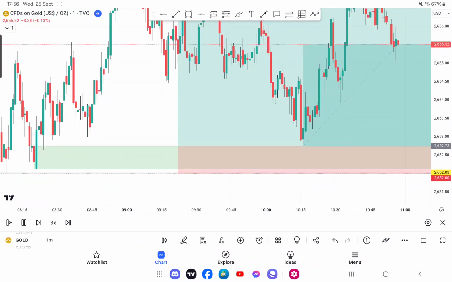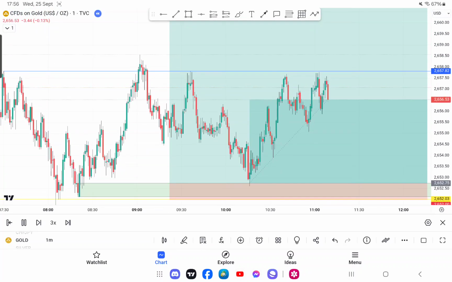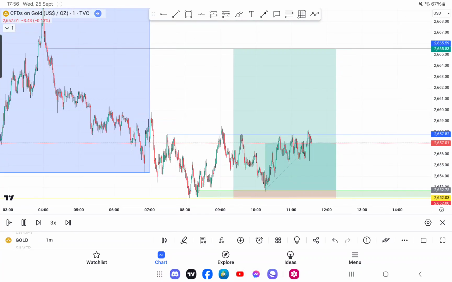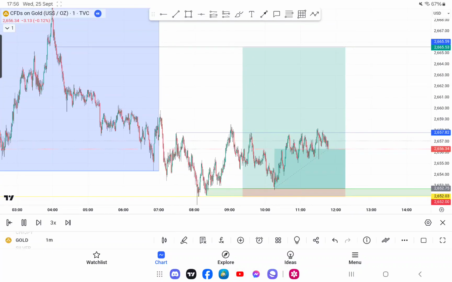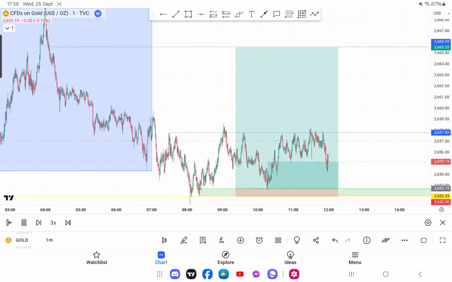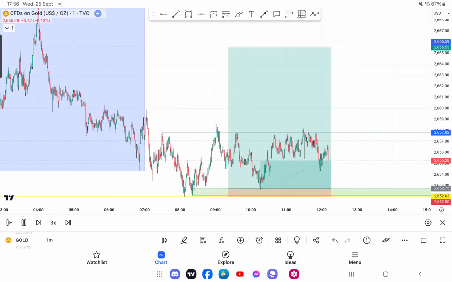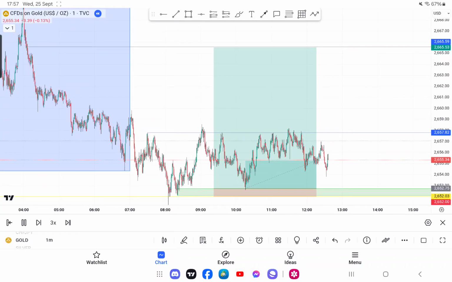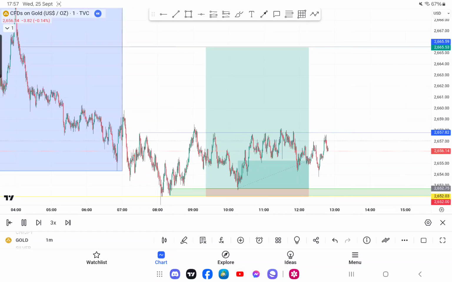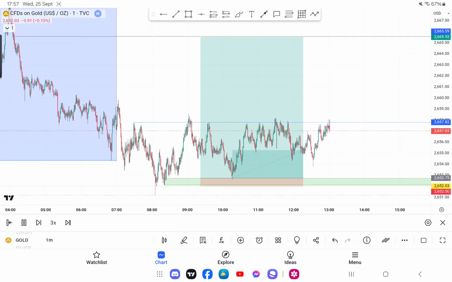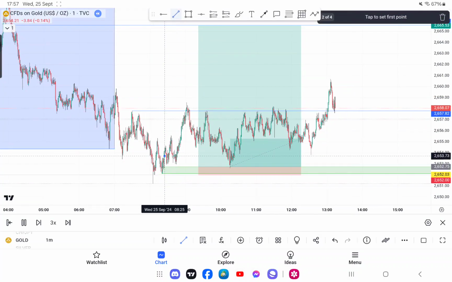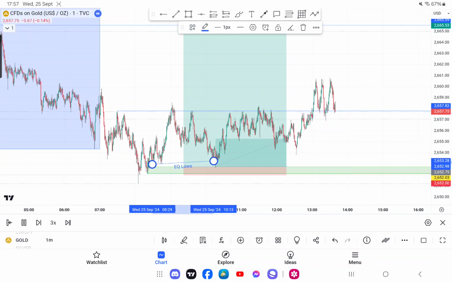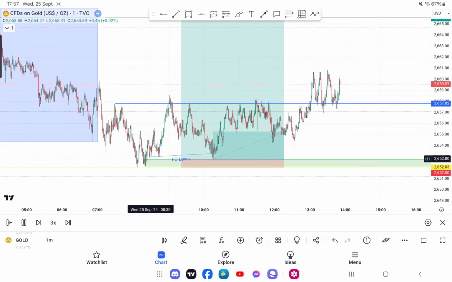It just tags in pretty much next to minimal drawdown. I did have these lows marked earlier.